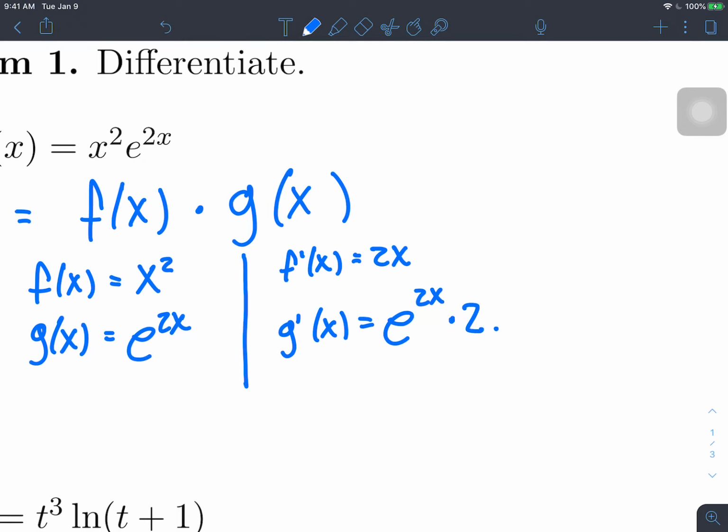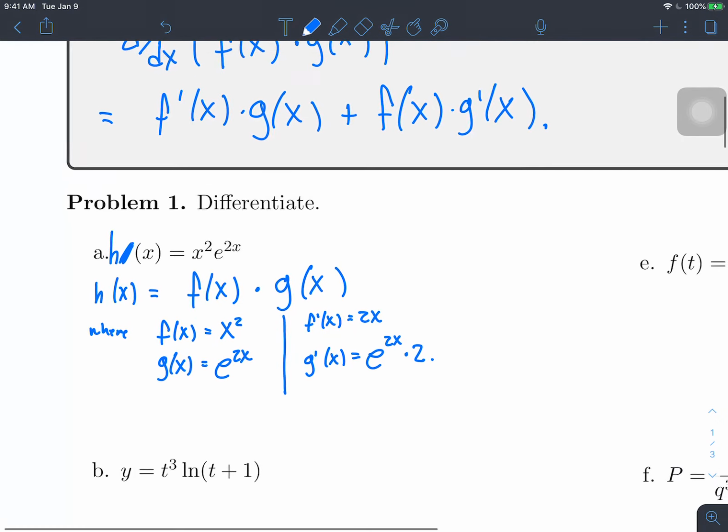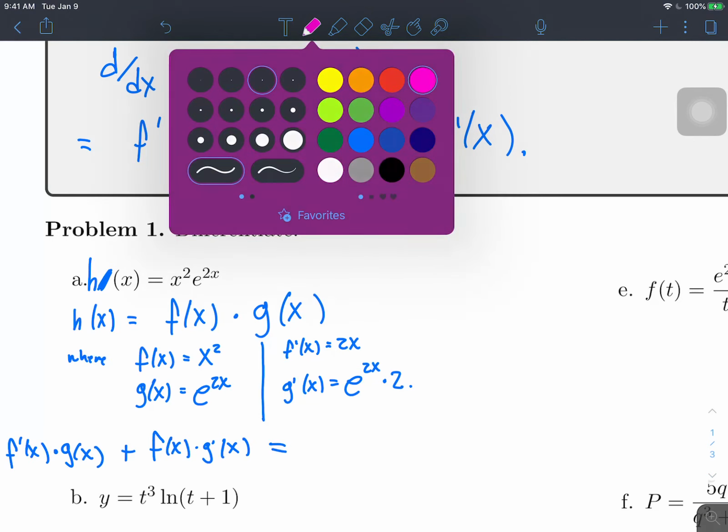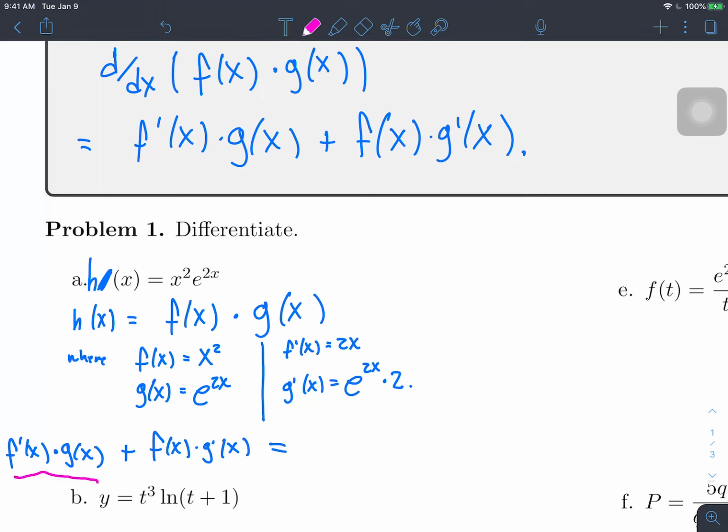So we found f prime and g prime. Now all that's left to do is use this formula. It says I should take f prime of x, and I should multiply that times g of x. And then I should add regular f of x and multiply that times the derivative of g. So, the first step here, f prime of x times g of x. I want to take these two functions and multiply them. So I get 2x times e to the power 2x.